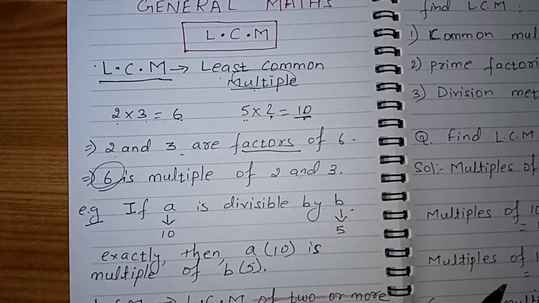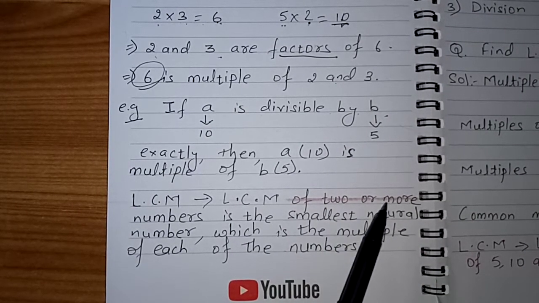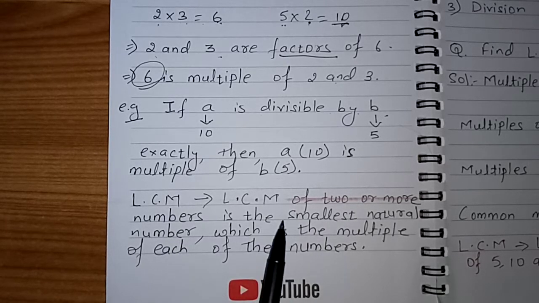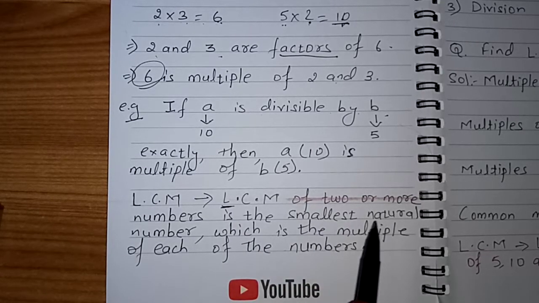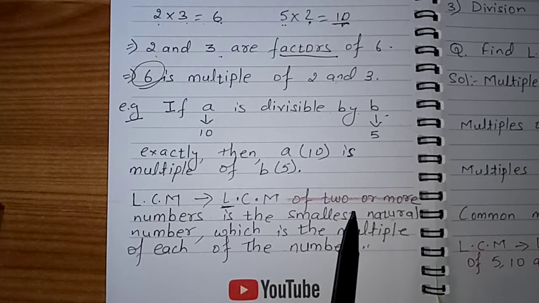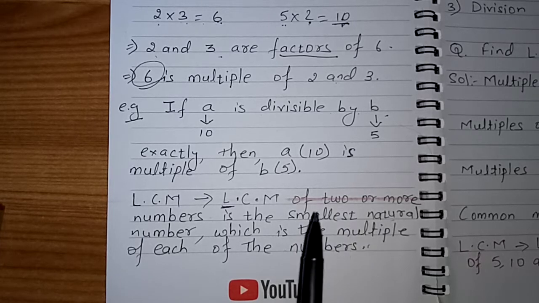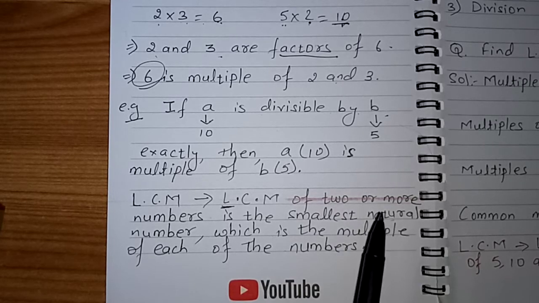I hope you understood what a multiple is. The LCM of two or more numbers is the smallest natural number which is a multiple of each of the given numbers, which means it is the smallest natural number divisible by the given numbers exactly.